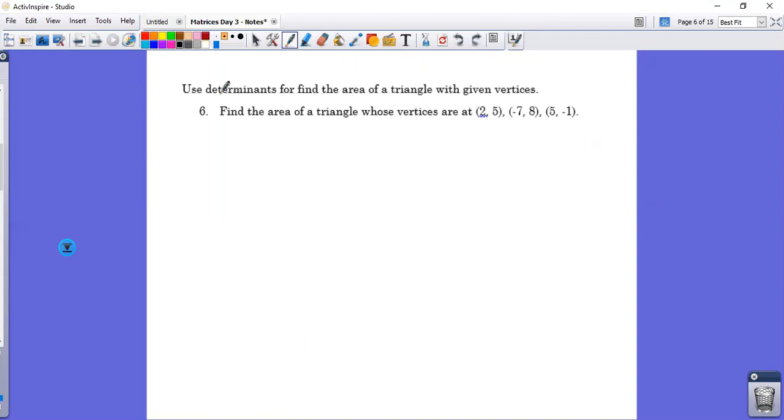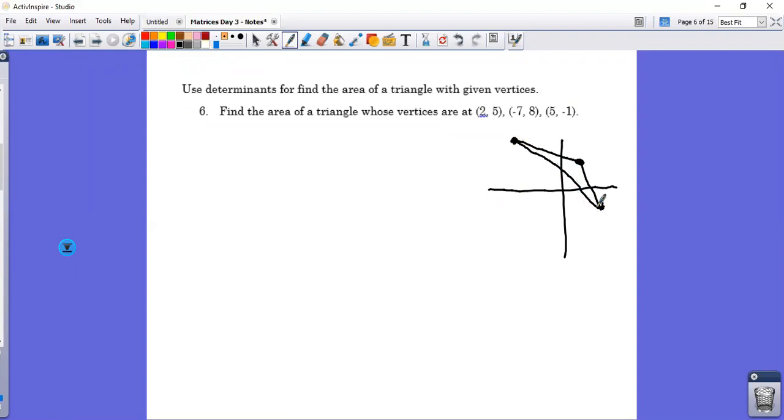Okay, so when you find the area of a triangle, think about this problem. You have this triangle out here in space, (2, 5) would be one of the points, (-7, 8), and (5, -1). If we had to actually find this area by hand, we'd have to pick a base, right?